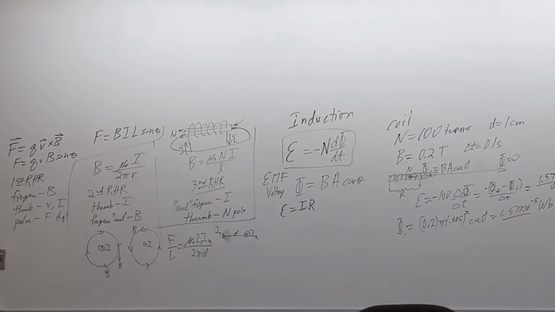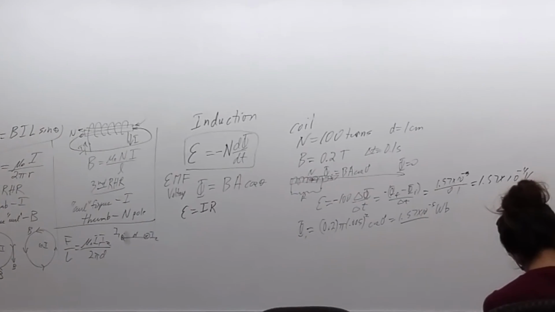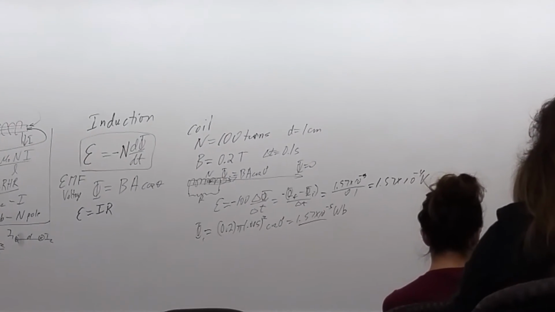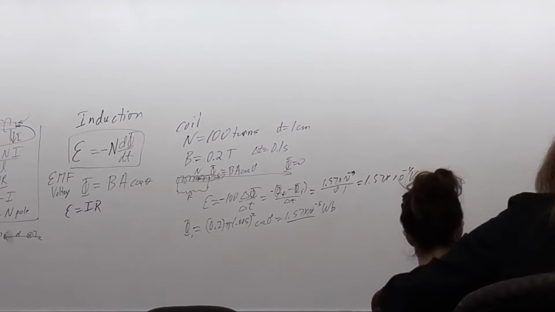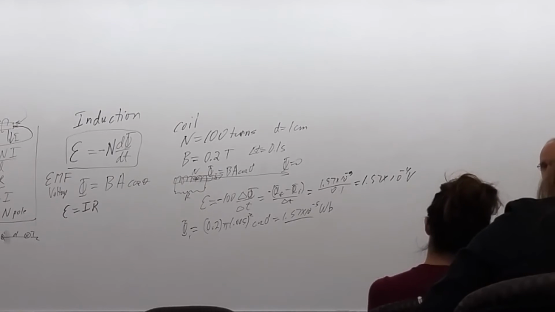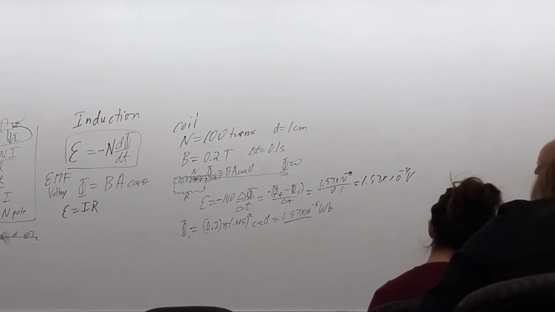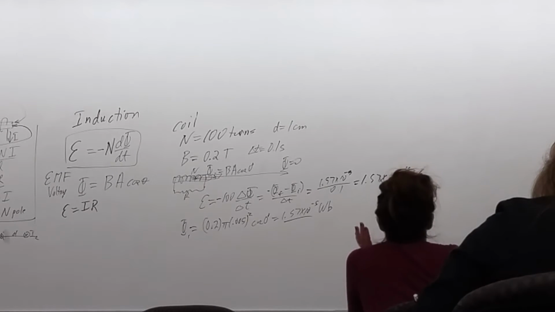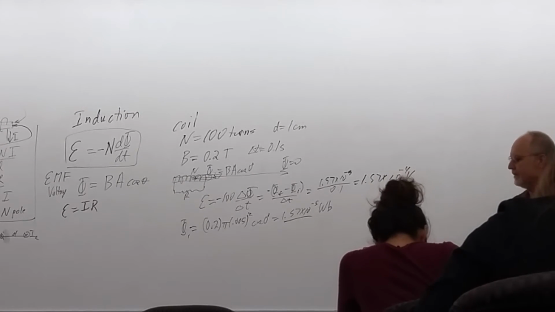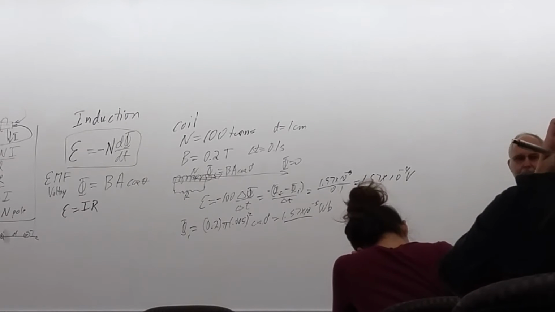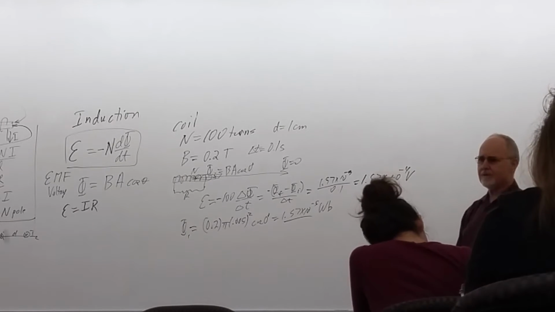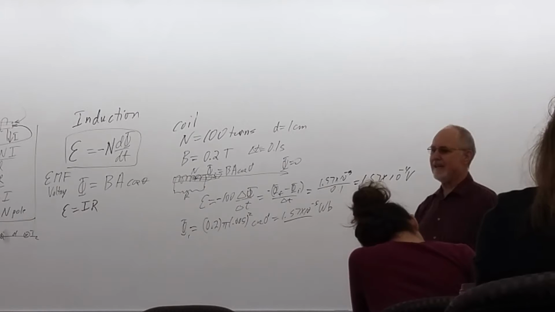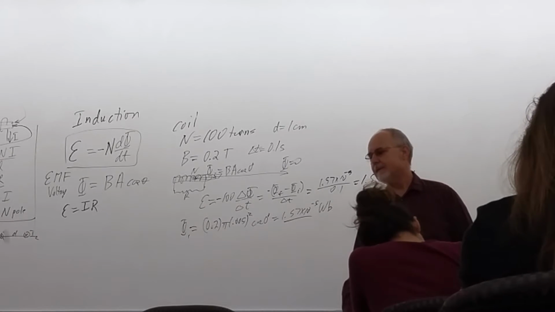So you're going from maximum to 0 flux, or from 0 to maximum flux. And even if that voltage ends up negative because of the negative in front of the N, write it as a positive number. Don't worry about whether it's positive or negative voltage. It's the magnitude of the voltage at that point.